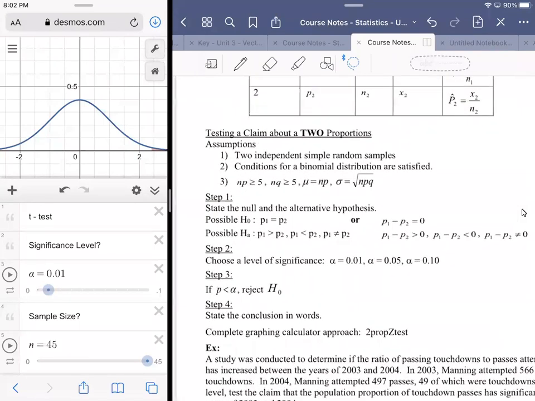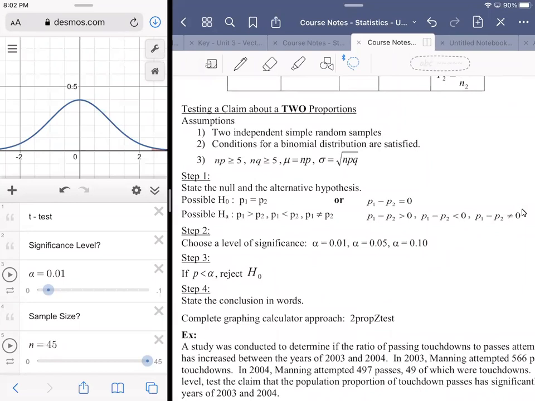The null and alternative hypotheses kind of look weird, but most people have in the past gravitated towards these variations because they seem to make more sense. But for example, P1 minus P2 is equal to 0. That's actually the same as P1 equals P2.